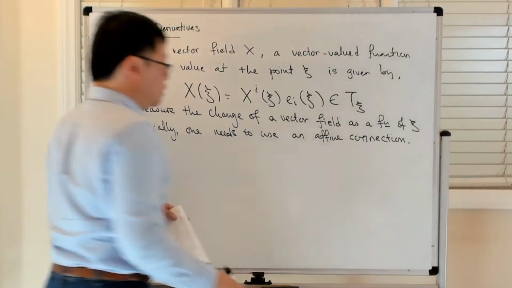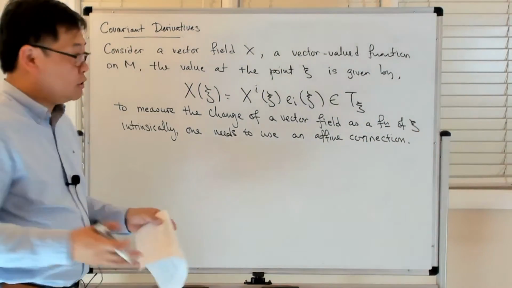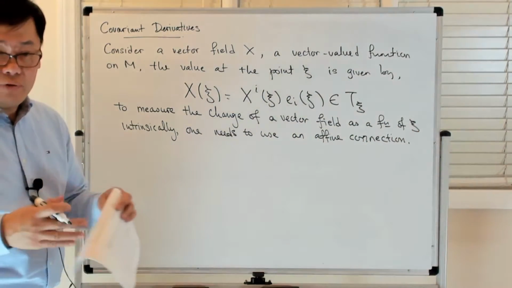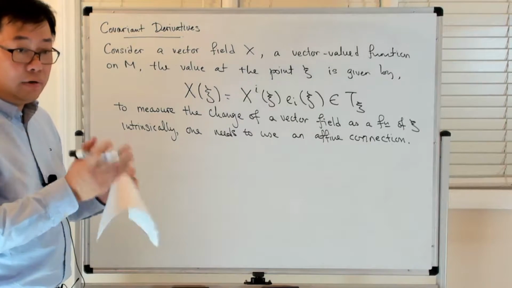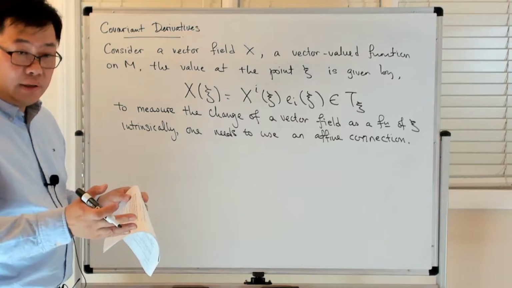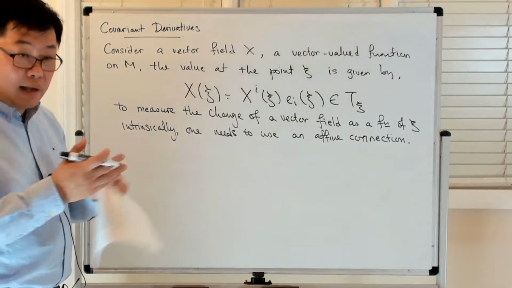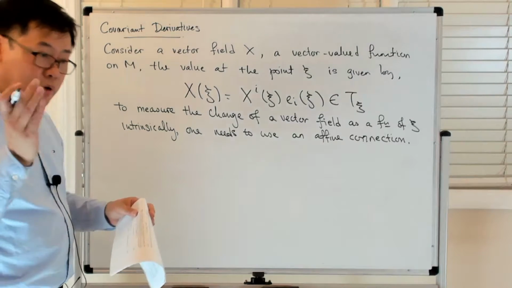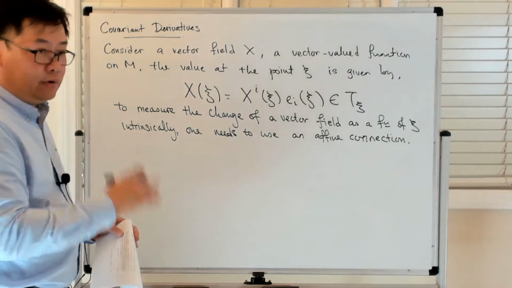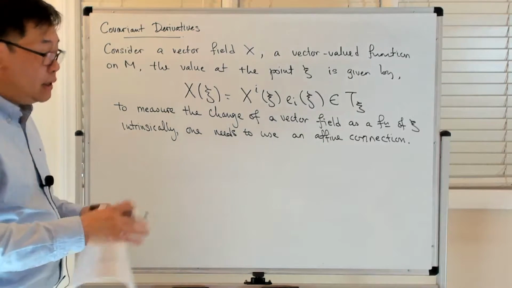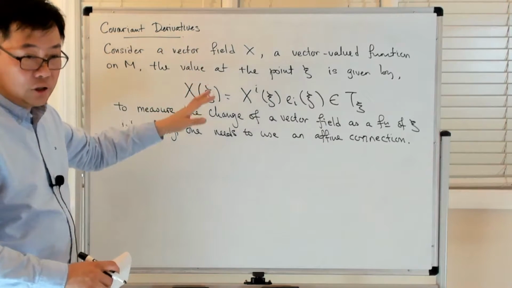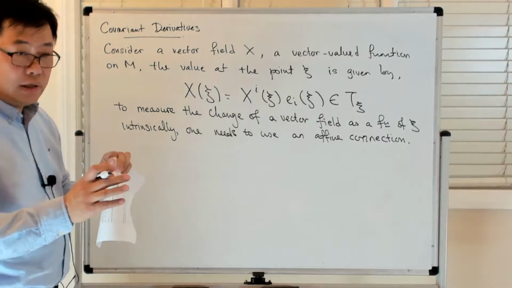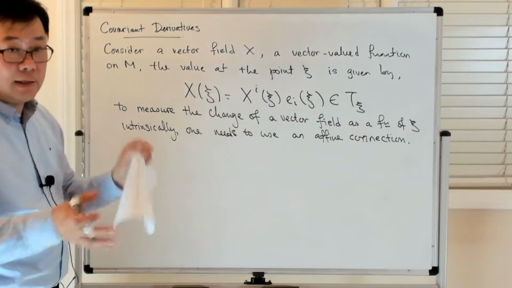In principle, that should not be too surprising, because our usual notion of derivatives involves taking a finite difference of the value of the function at two different points, then scaling it by the distance between those two points and looking at the limit as that length goes to 0. But since this function is a vector valued function, you need to take the difference of two vectors based at different points.